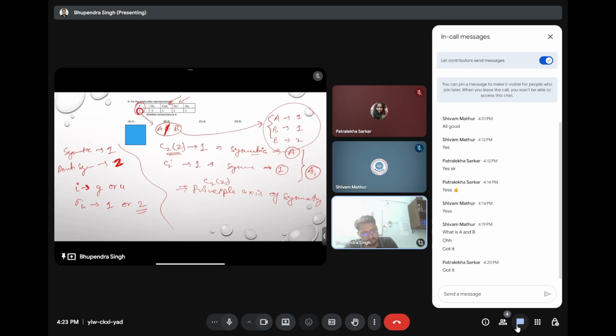Again, for the next question, we also have to take care of this: first take the principal axis of symmetry. So what is the principal axis of symmetry in this irreducible representation? Try to find it out and tell me, both of you, Patlika and Shivam. What is the principal axis of rotation here?